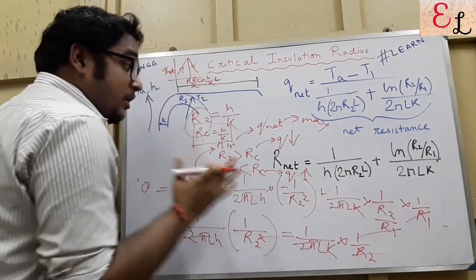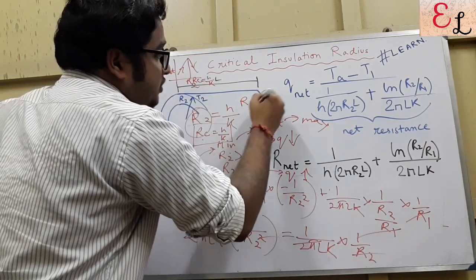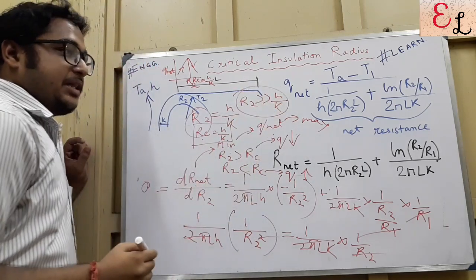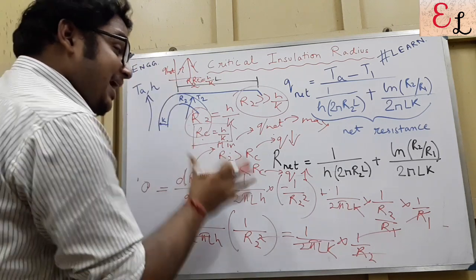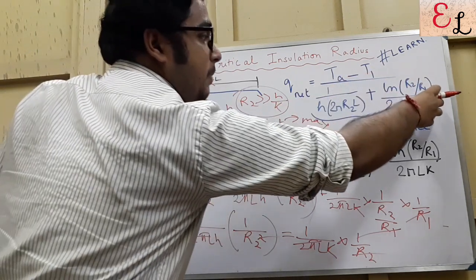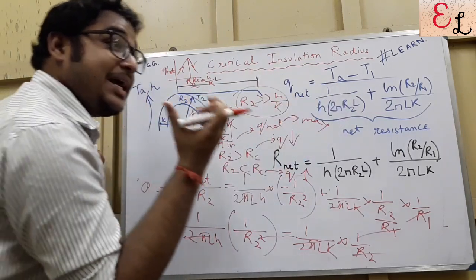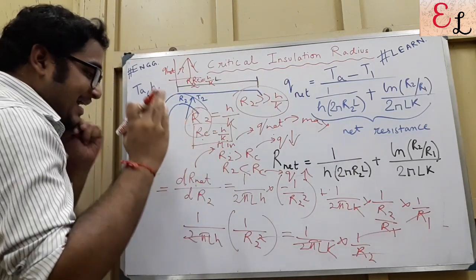So if we have to stop the heat flow, we need to keep R2 much greater than H by K, that is much greater than RC, my critical insulation radius, so that the dominating factor will be my conductive heat transfer resistance, and my convective heat transfer resistance will become a minimizing factor and will not affect the total as such.